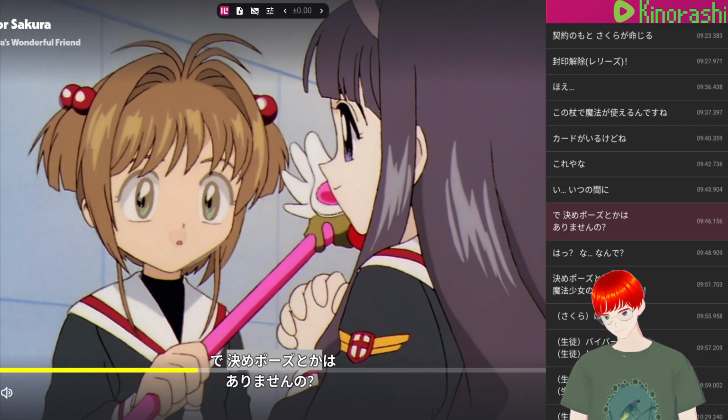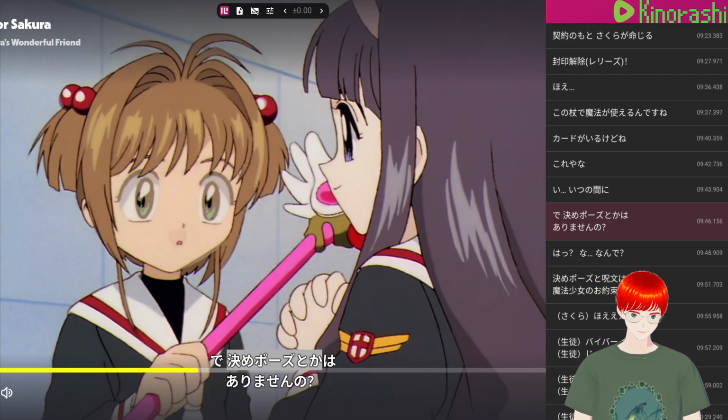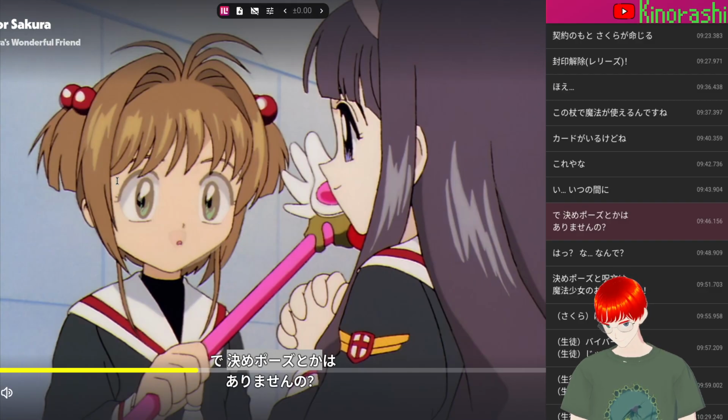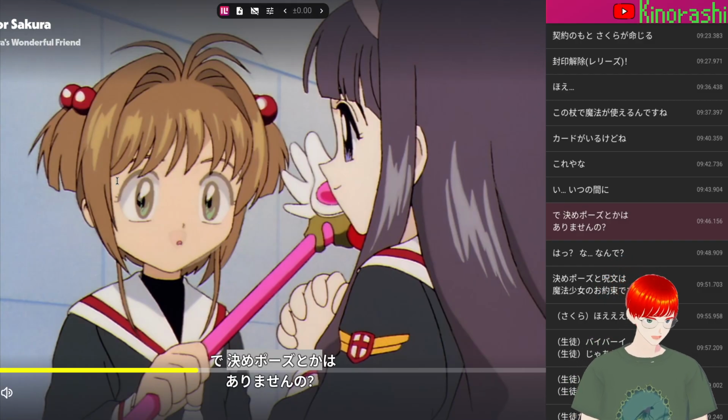Posing like that or signature pose. If I get rid of the to, what does it become? Is that your signature pose? If I put the to back in, oh, that's right. If you say kime pose ka, that'd be like if your signature pose exists.